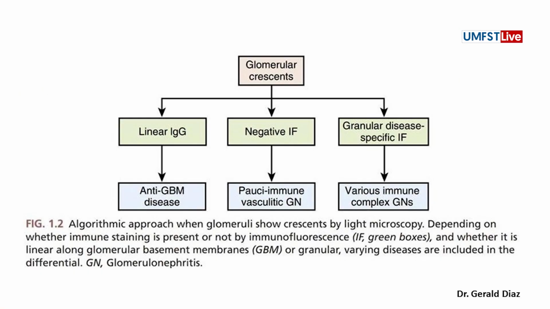If more than half is global sclerotic, then it means it's going to end stage or it is end stage. We call it sclerotic glomerulopathy. We also use immunofluorescence for glomerular crescents, whether it is negative or positive, or whether there are granular disease-specific immunofluorescence findings.